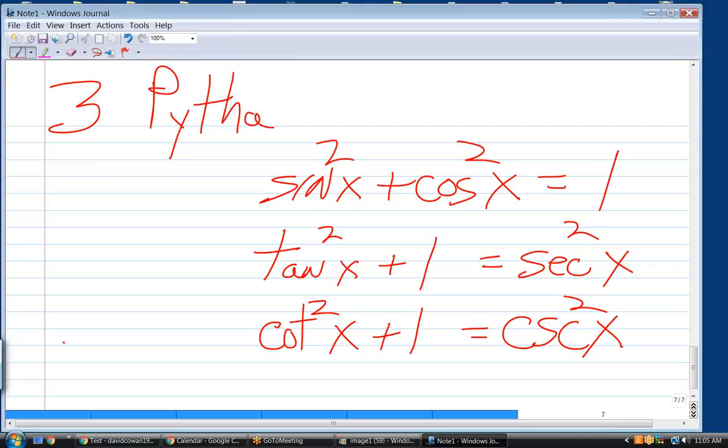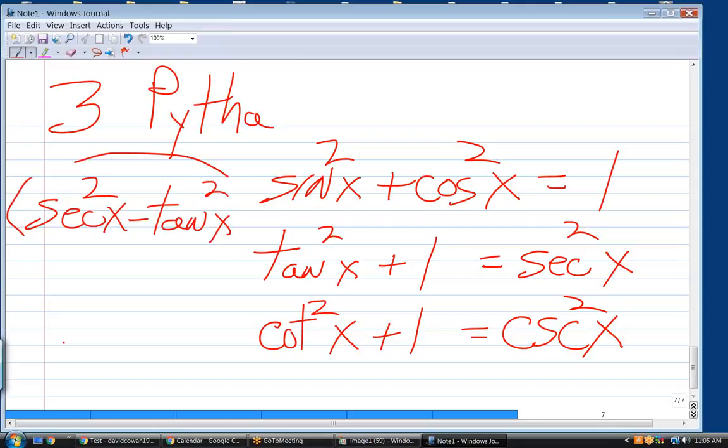Now, the Pythagorean identities, you don't always see them like this. You may be solving a trig identity question and you get something like this. What's that equal to?